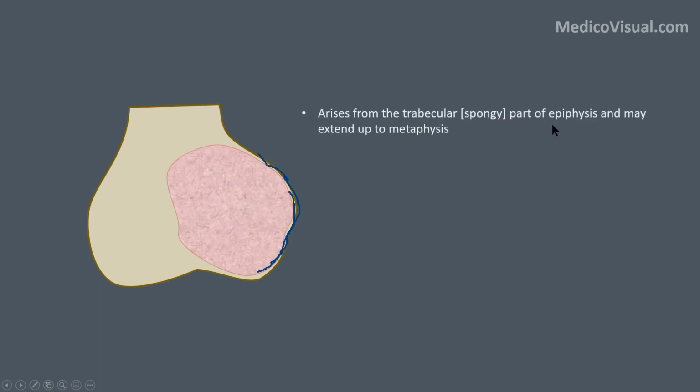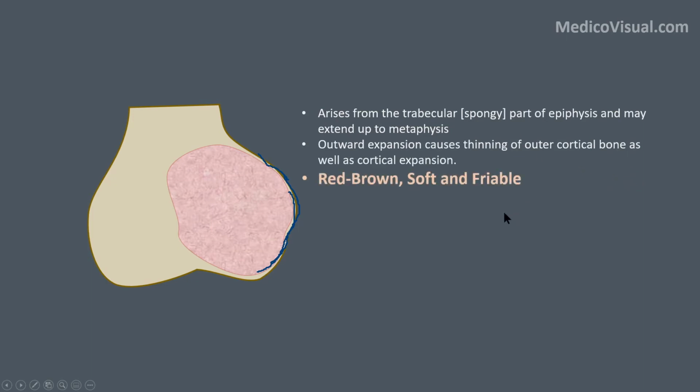So usually it starts in the spongy bone of the epiphysis, and it may extend into the metaphysis, as well as into the cortical or compact bone, and it will lead to thinning as well as expansion of this cortical bone. So it arises from the trabecular part of the epiphysis, and outward expansion causes thinning of the outer cortical bone as well as cortical expansion.